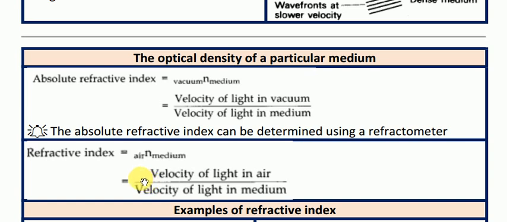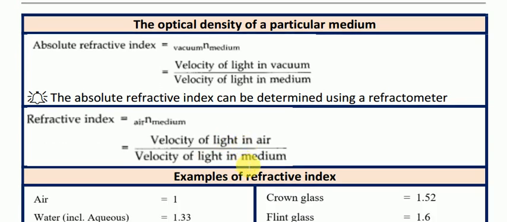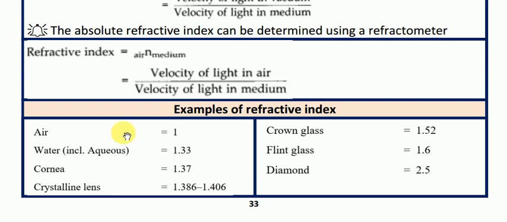The refractive index of a medium compared with air is the velocity of light in air divided by the velocity of light in the medium. Now we will give certain examples of the refractive index. The refractive index of air is 1, whether compared with vacuum or with air.